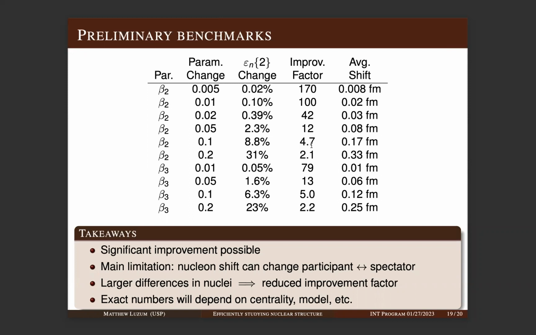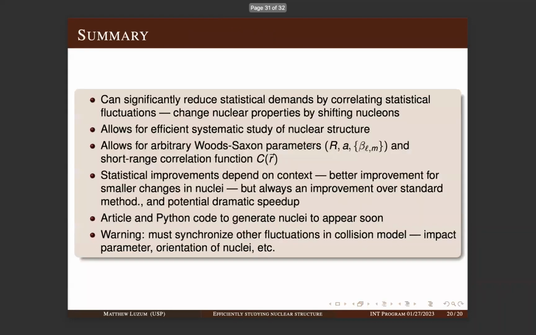You will still have to do a few hundred events per model parameter in order to sample the initial fluctuations in the initial distribution. But the assumption is that the quantum fluctuations are the same in the isobars. Yes, so you have a fluctuation in the zirconium and a correlated fluctuation in the ruthenium.